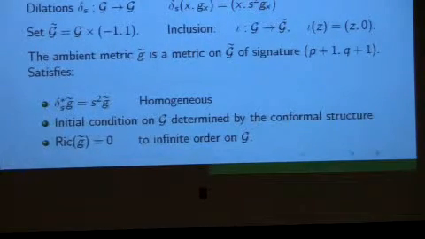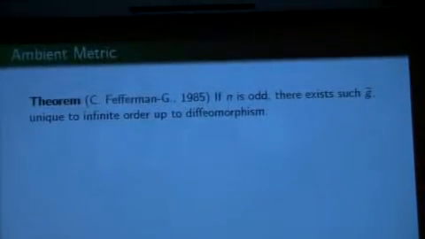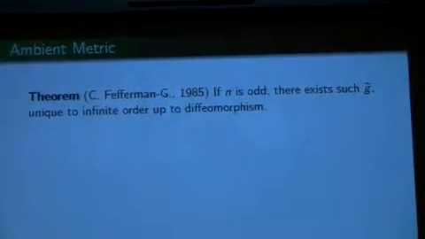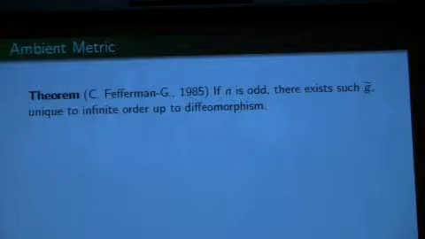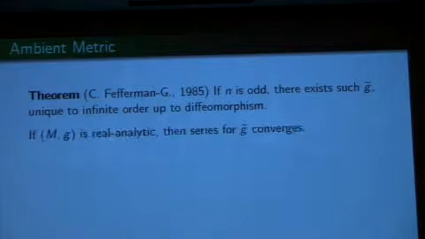So then the main theorem, which is something I did with Fefferman a long time ago, in 1985, is that in odd dimensions, there exists such an ambient metric, and it's unique up to infinite order and up to diffeomorphism. So as a formal power series anyway, it's uniquely associated to the original conformal class.